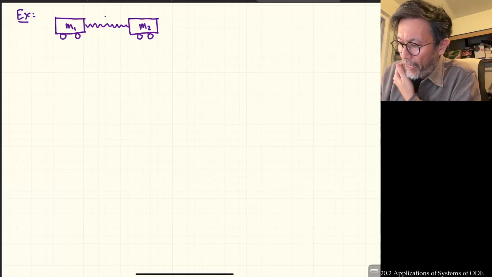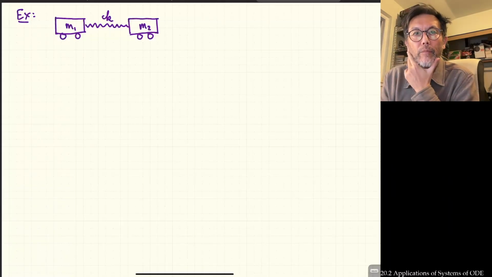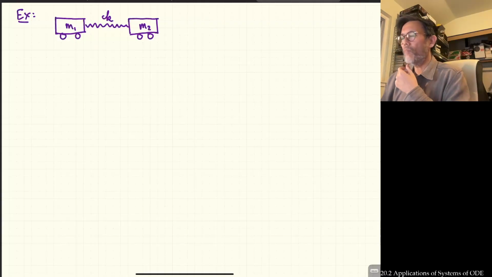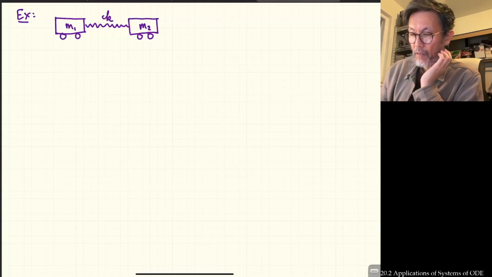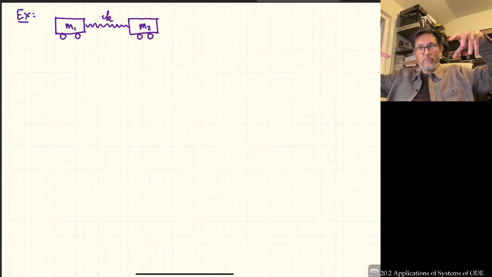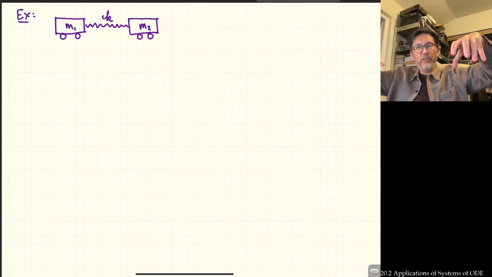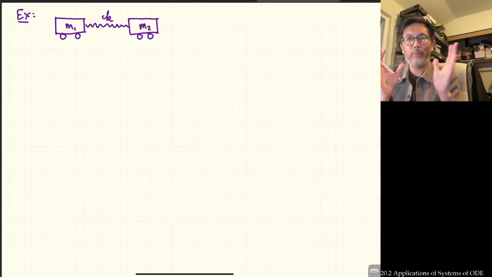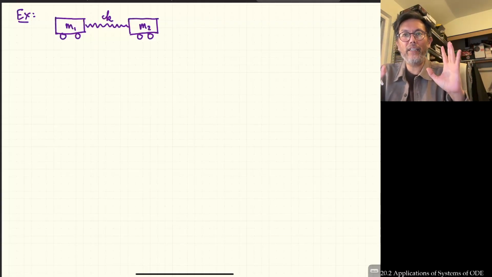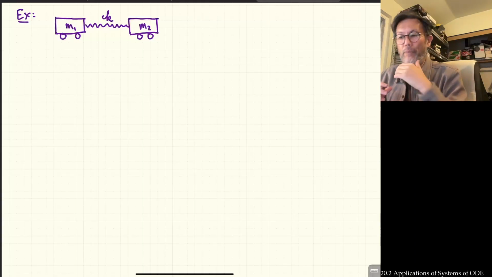We'll call the spring constant K, as usual, okay? And imagine that you take this system and just place it on this frictionless rail, okay? And it's at rest. So it's not oscillating. There are no forces acting on anything in any meaningful way.